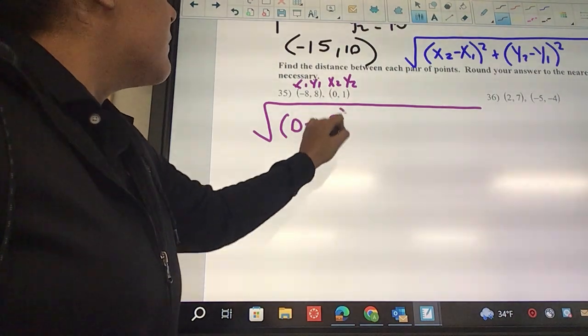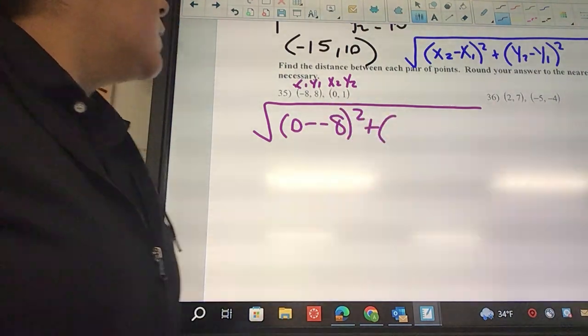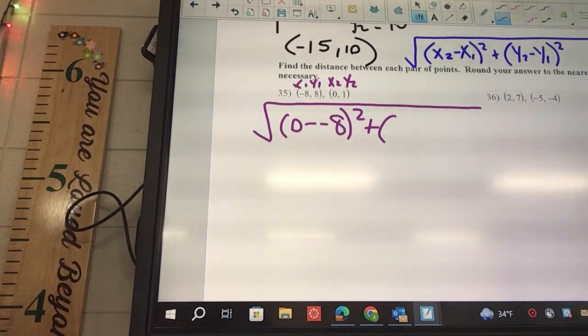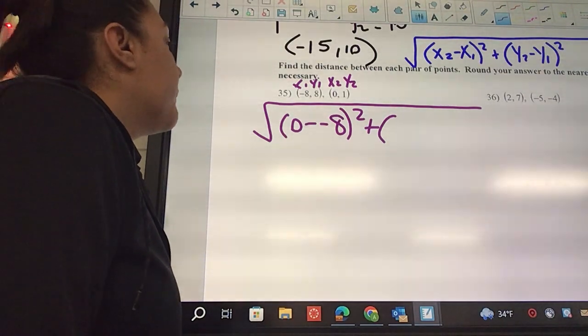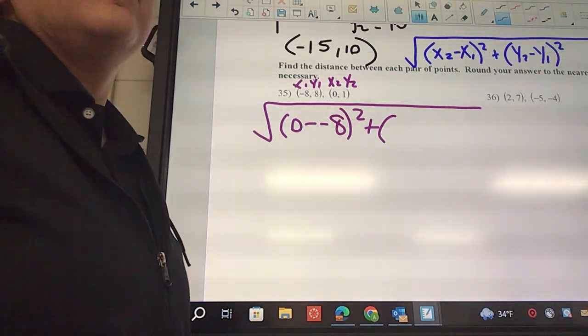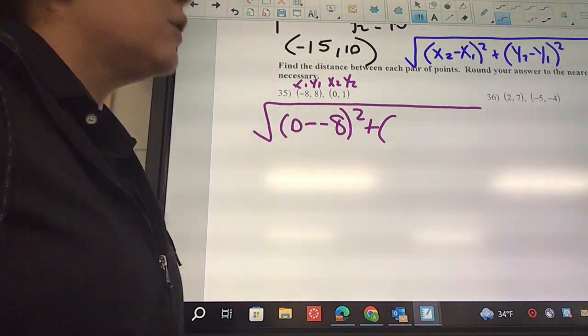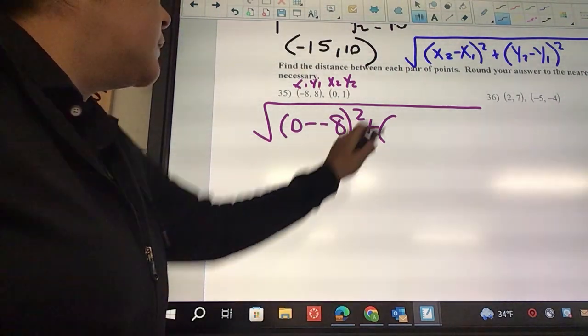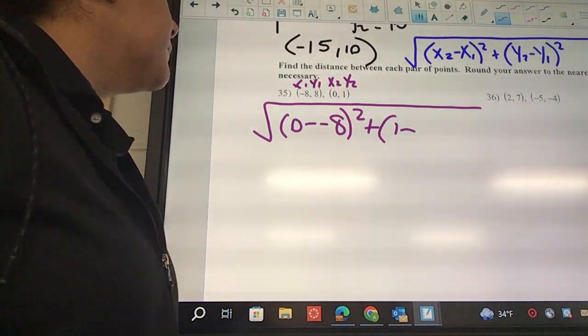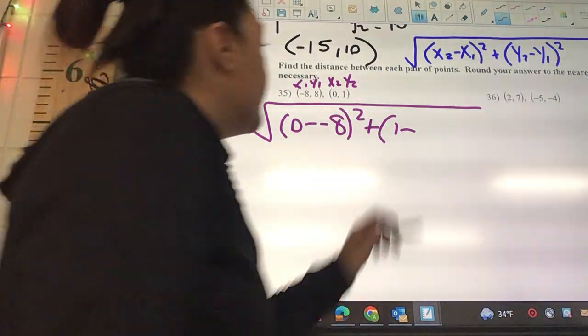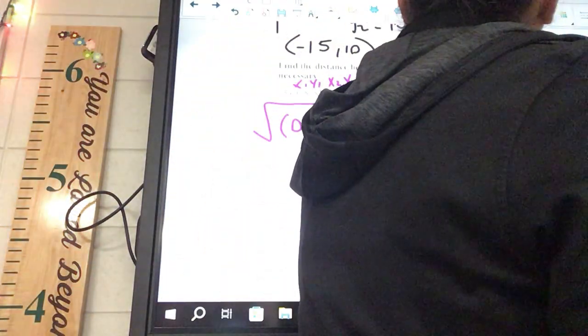Negative 8 squared plus y2. What's my y2? Let's go. What's y2? 1 minus y1. 8. Close it and square it.